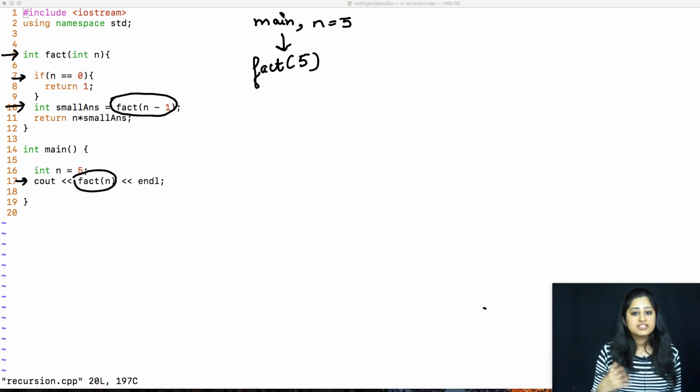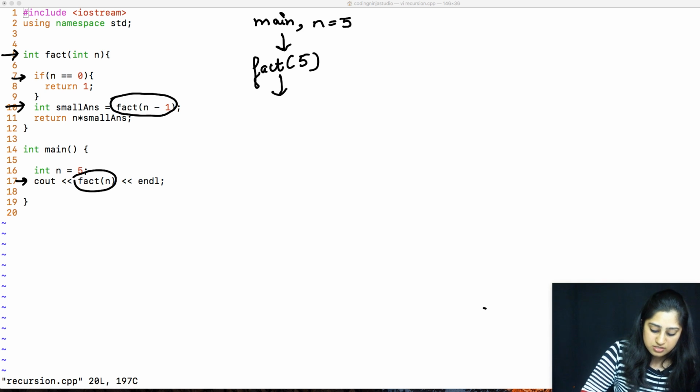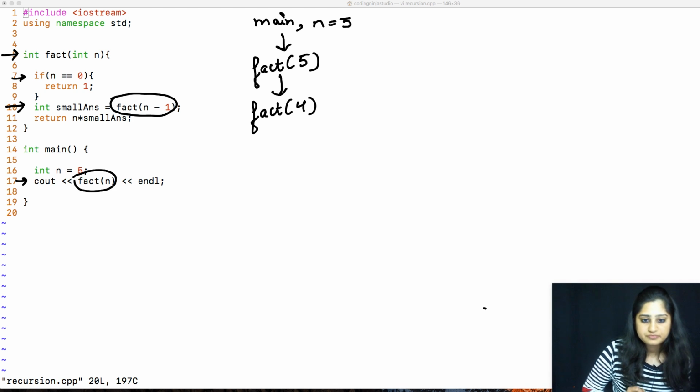So there is another function call taking place, to the same function but with a different input. The call that will take place is factorial of 4.